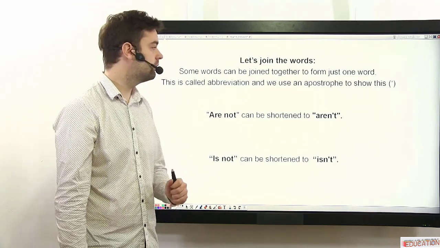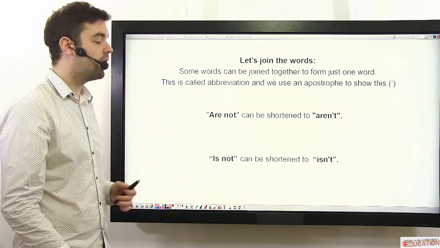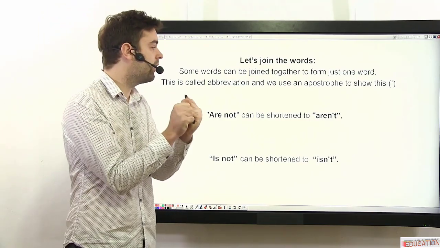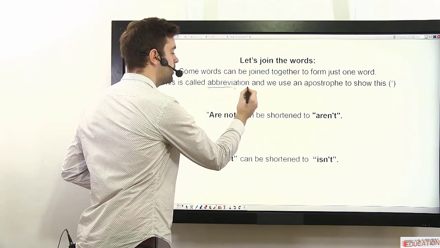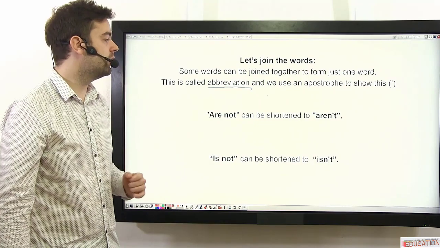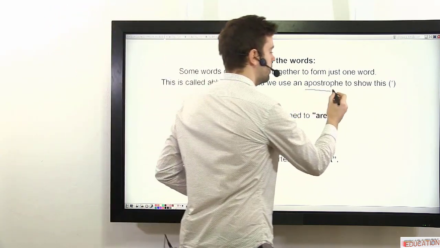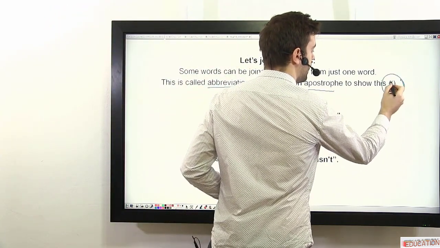Let's join the words. Some words can be joined together to form just one word. This is called abbreviation, and we use an apostrophe to show this. This symbol here.